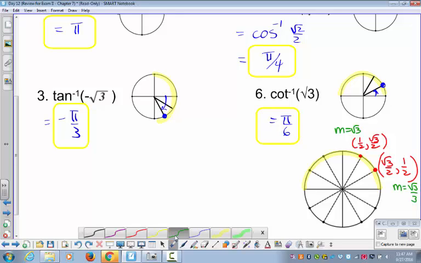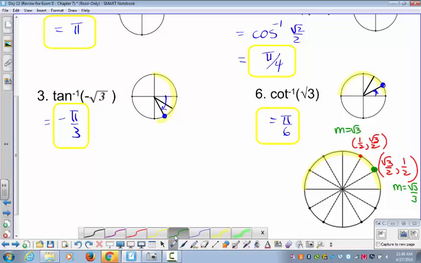So when we look at this, it's saying find the angle on top with a cotangent value of root 3. And we know that tangent is the reciprocal of cotangent. So that's equivalent to saying find the angle on top with a tangent value of root 3 over 3. Which one has a tangent value of root 3 over 3? It's the one that has the less steep slope. It's going to be that one.